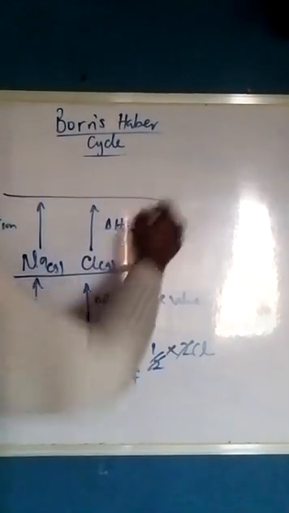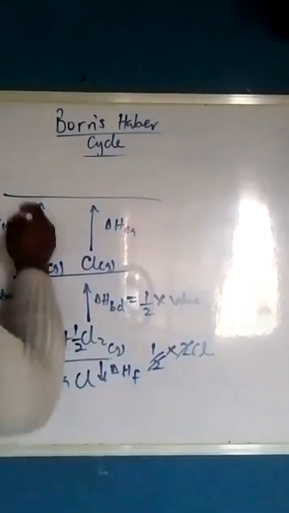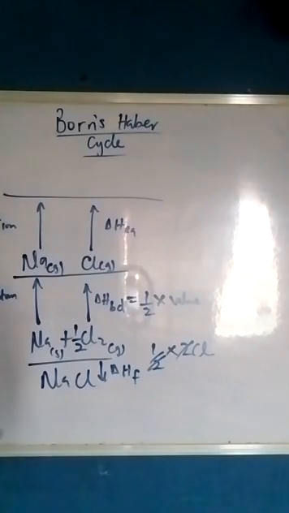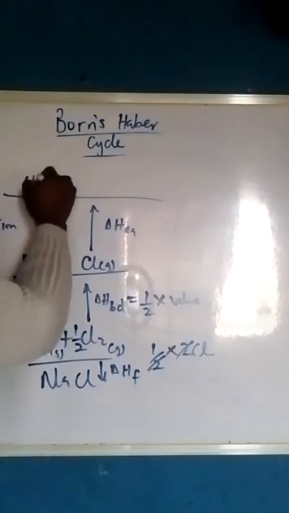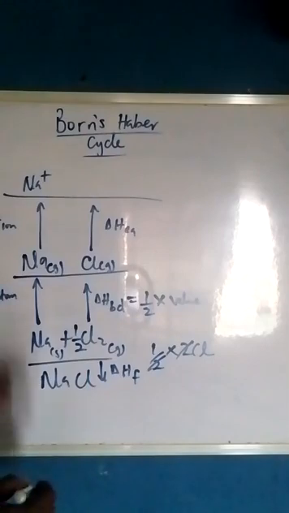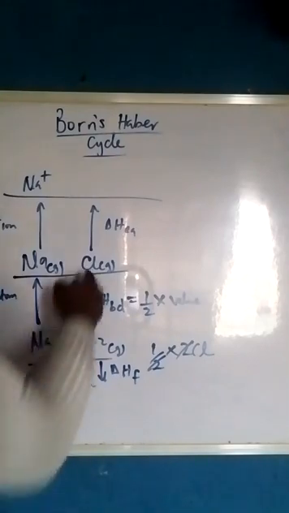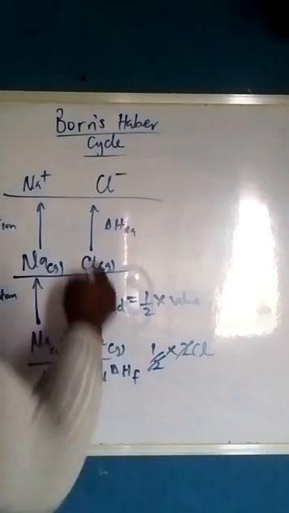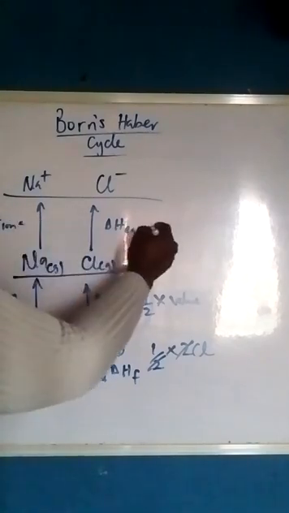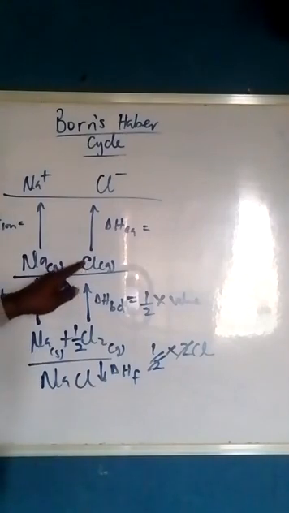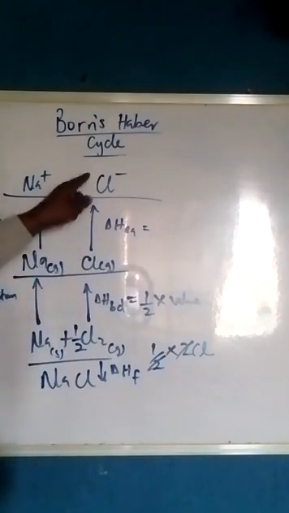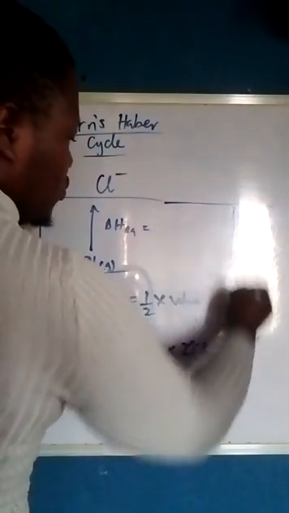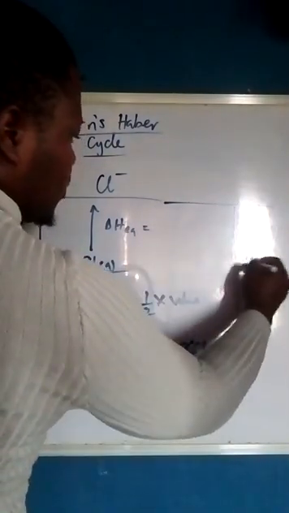Sodium will lose 1 electron, so we only have one ionization energy here. There is no need for a second ionization energy, because it's just 1 electron that is being removed, and this also will accept 1 electron, so just 1 electron affinity as well. You'll be given the values here. We don't need to multiply here because it's just 1 atom and 1 atom. The next thing here is to get our lattice energy.